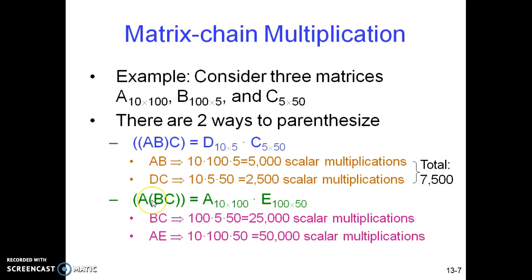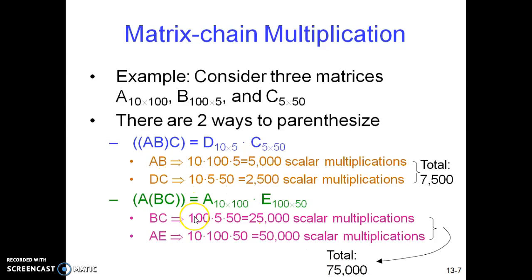But in the other method, at first we multiply B and C, then multiply A. The BC multiplication cost is 25,000 and the A with BC multiplication cost is 50,000, and the total multiplication cost is 75,000.